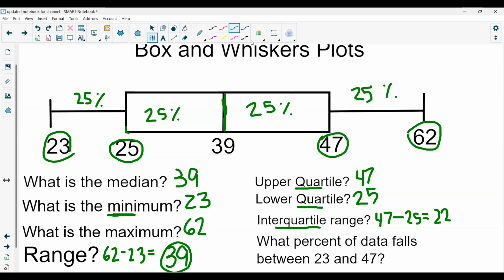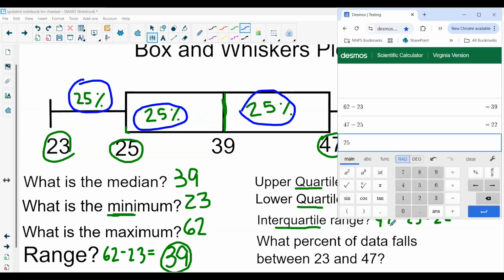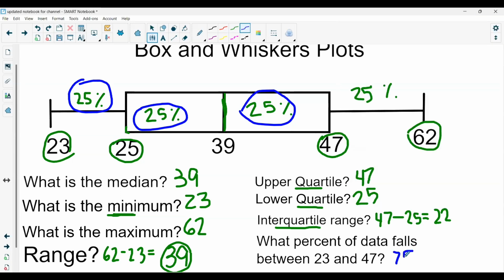So let's look. 23 starts here. So we have this 25%. Then we have this one, and we're going to stop when we see 47. Oh, and this one. So that's 25 plus 25 plus 25, or 25 times 3. Let's see what we get. 25 plus 25 plus 25. So that's 75% worth of data falls between 23 and 47.